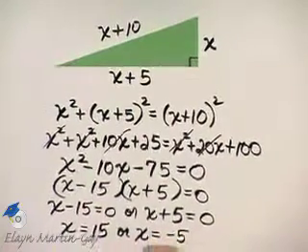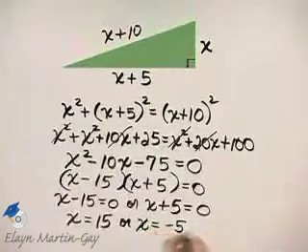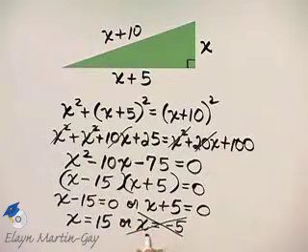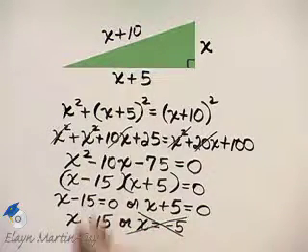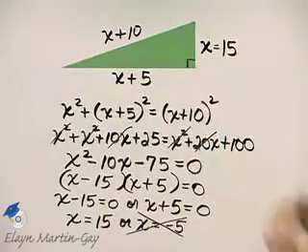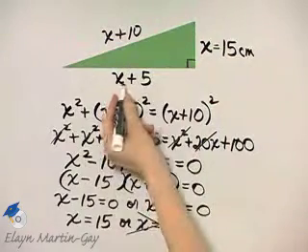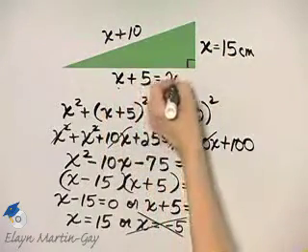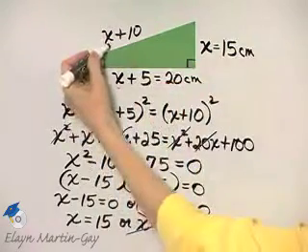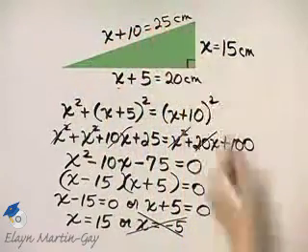Now don't forget, x stood for the length of one side of a right triangle, so because of that, we will not use negative 5, we will use 15. So this shorter leg has length 15 centimeters, and then this is 15 plus 5, or 20 centimeters, and then this is 15 plus 10, or 25 centimeters.